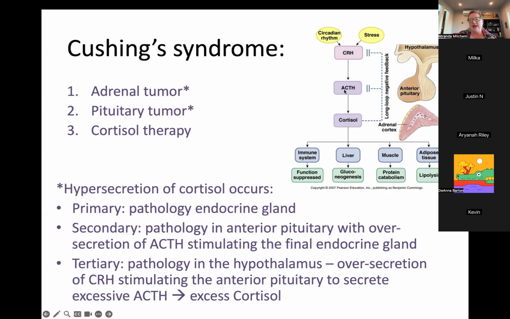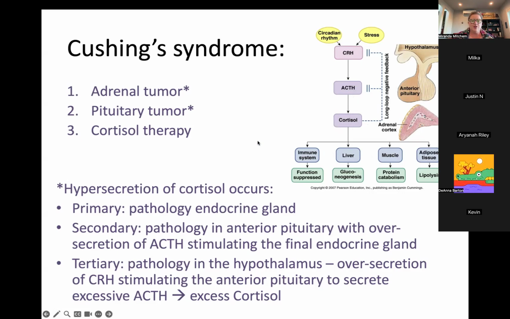So CRH and ACTH are both tropic. Cortisol is not. ACTH is released from the anterior pituitary into the bloodstream, and then it goes to the adrenal cortex and results in the production of cortisol. And then we have the many effects of cortisol.